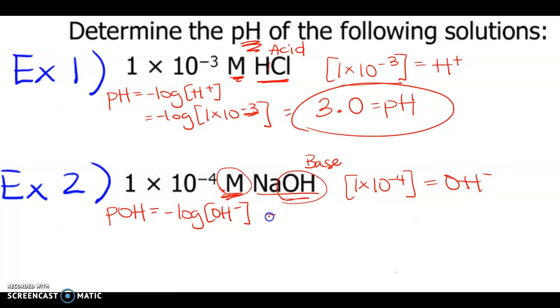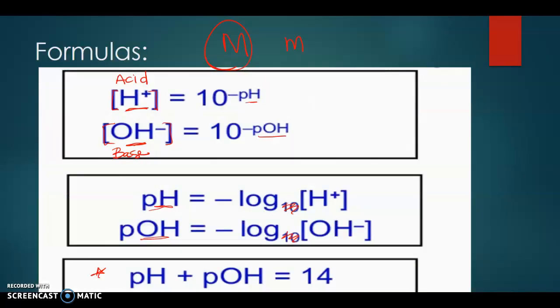So I'm going to plug this into the equation: negative log of 1 times 10 to the negative fourth. That tells me that pOH is 4. Then, looking at our equations, I'm given pOH and I want pH, and this equation has both in it.